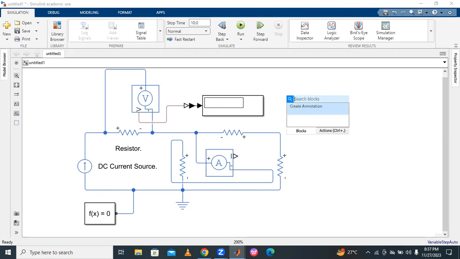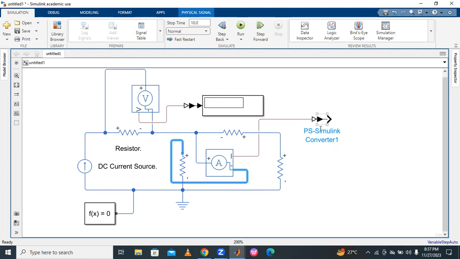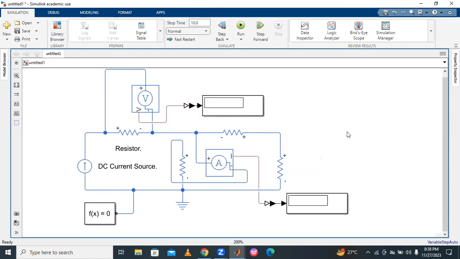And then, in a similar way, take one PS-Simulink converter and connect it here, and take one display to display the current.